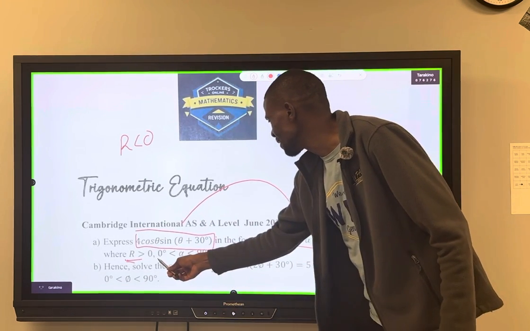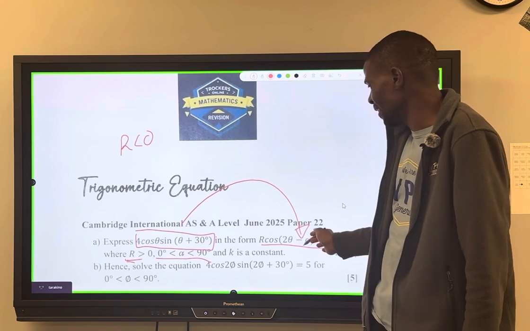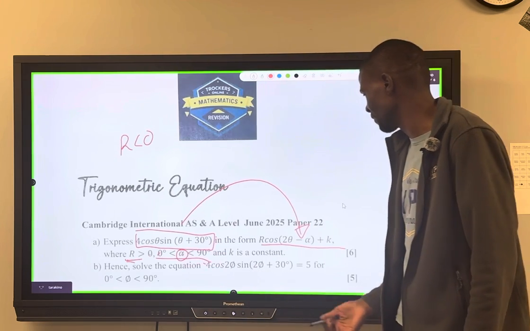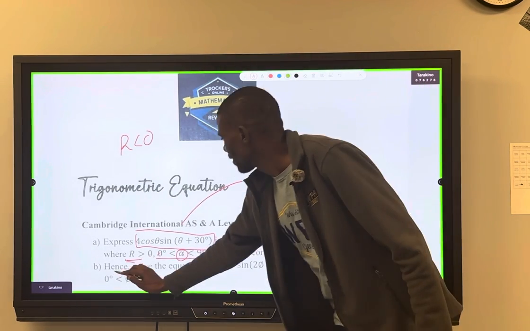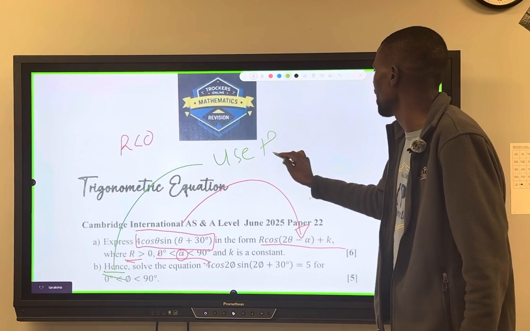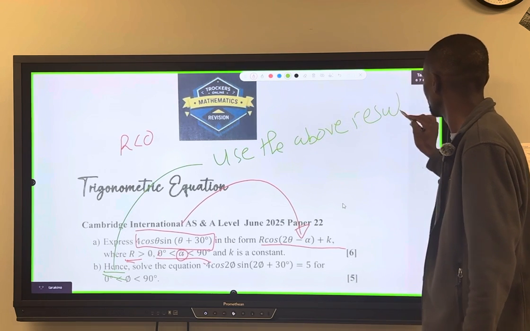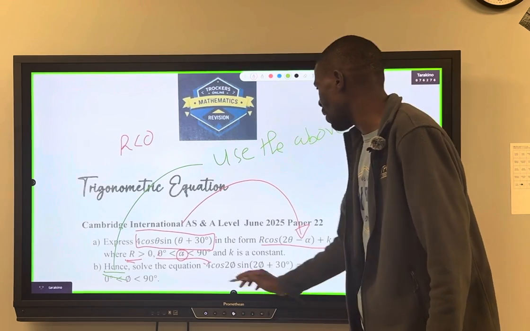And we have this range here for the value of alpha that we're going to calculate. It must lie within this range, right? Then part B, this part here, hence means use the above result, right? So we have to use the above result. Then we are going to solve.